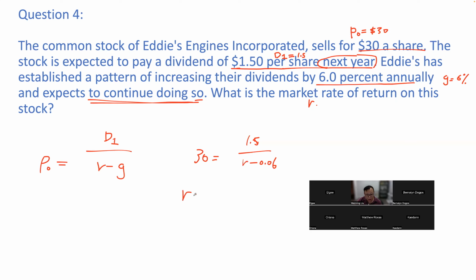So R equals 1.5 divided by 30 plus 0.06. So that's 0.11, 11%. Does this make sense? Give me a thumbs up if you understand this.